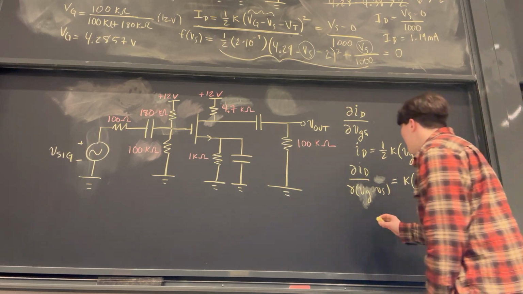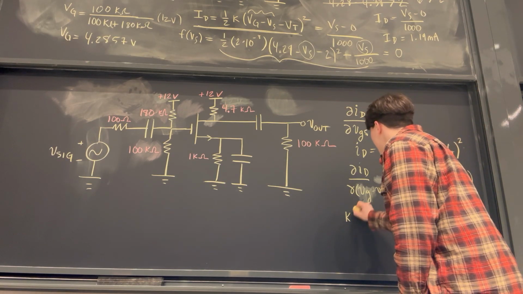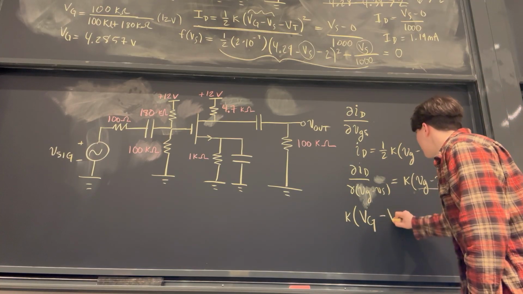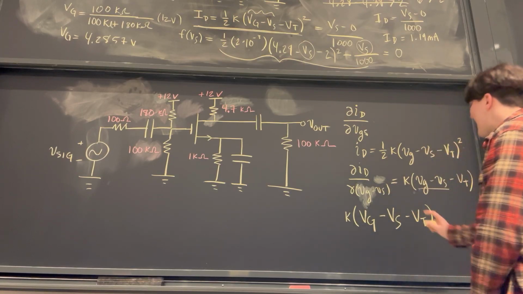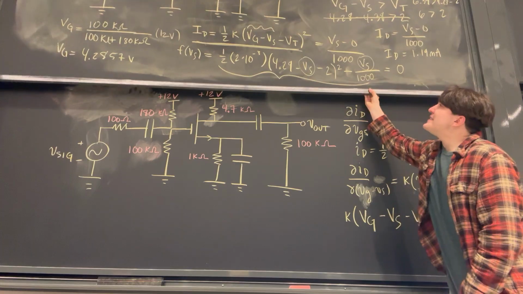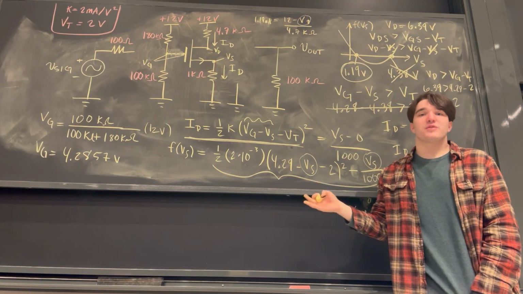So the transconductance, we're going to evaluate at the DC bias point we just found, which is going to be capital VG minus capital VS minus VT. These capitals are important because they represent the DC components, the components of the circuit that don't change with respect to time.